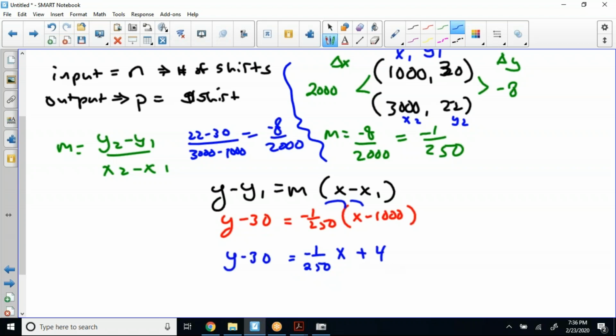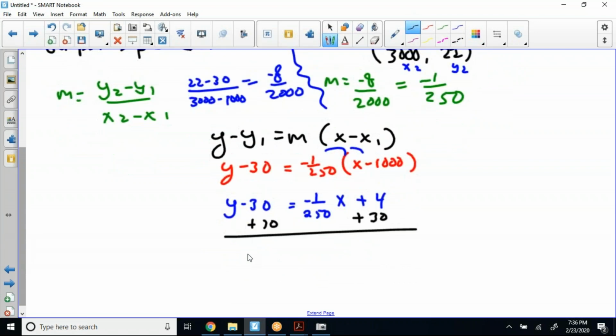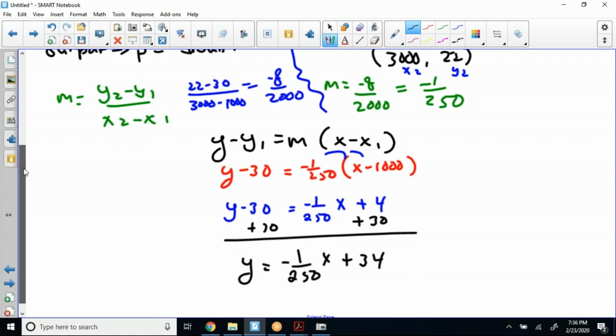So we have y minus 30 over here, and then we just add 30. So that would leave us y equals -1 over 250 x plus 34. Okay, so there you go. That's how you would do that.